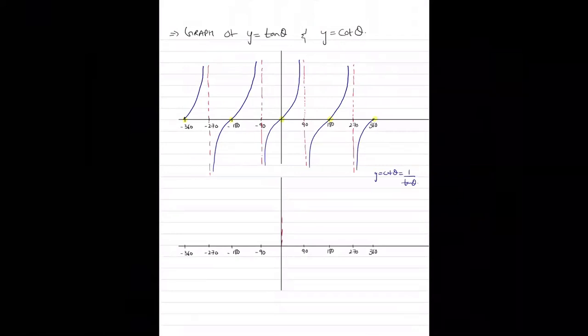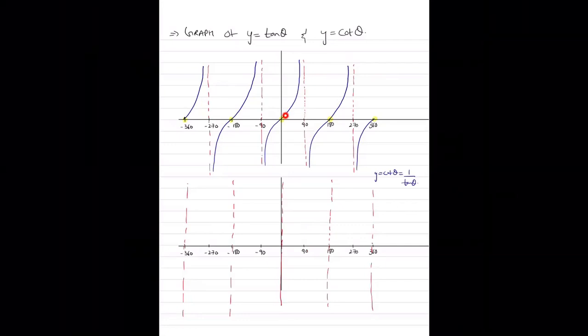So this line is going to be the asymptote at 0 degree, at 180 degree, and at 360 degree, then at minus 180 and minus 360. And where the function was undefined, what is 1 upon undefined? It's 0. So where my function of tan theta was undefined, now it is going to be 0.